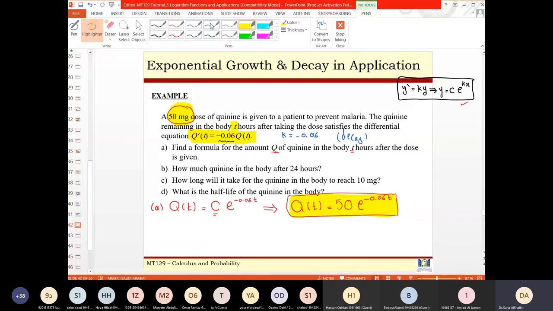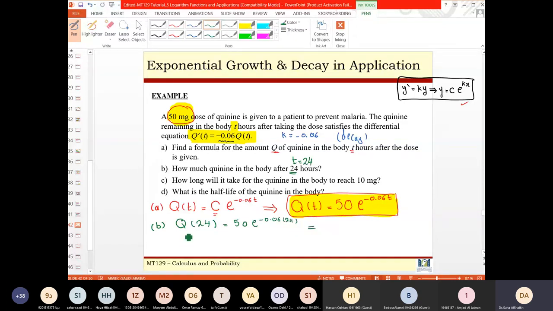Now in part B, they said how much of the quinine will remain in the body after 24 hours. 24 hours, they are talking about when T is 24. How can I get this? I substitute in this formula with 24. So I find Q at 24 equal to 50 exponential of minus 0.06 times 24.